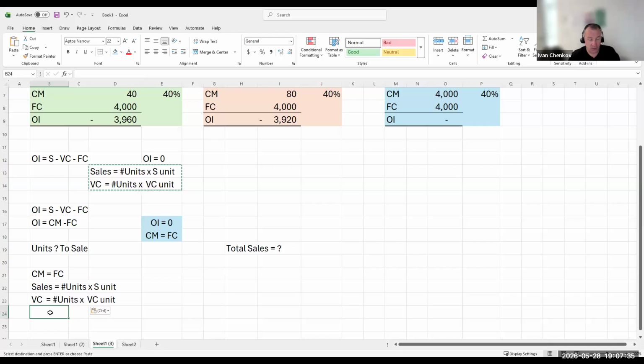So for that logic, contribution margin, since sales minus variable cost should be equal to the number of units times, since sales price per unit minus variable cost per unit is going to give you contribution margin per unit, then in this formula, it's going to be contribution margin per unit.